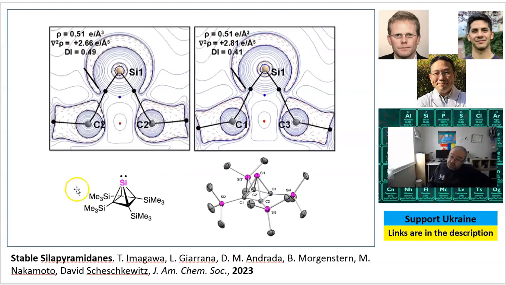And the last but not least, what they did was to do quantum mechanical calculations of the electronic structure or the electron density. And so here you can see cross sections of the pyramid from this carbon to this carbon and from this carbon to this carbon. This electron density on the silicon really corresponds to the lone pair of electrons. It's all calculable. You can see the critical points of the electron density that correspond to chemical bond between silicon and carbon.